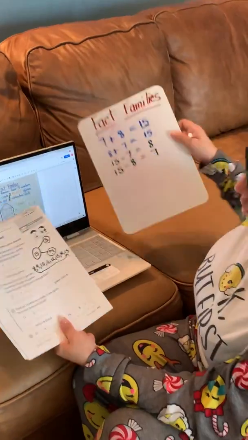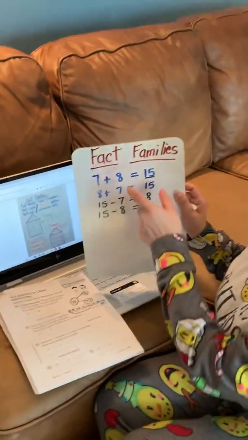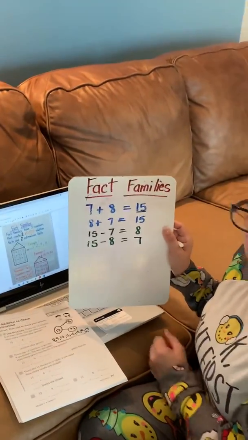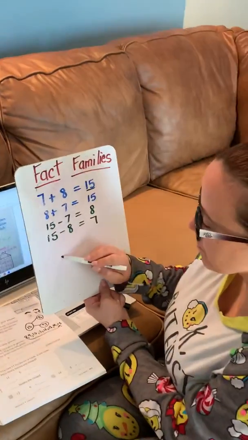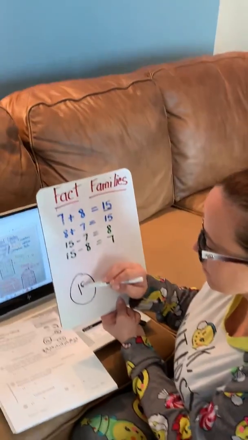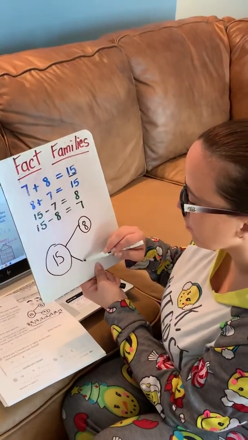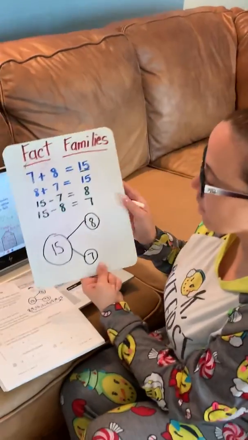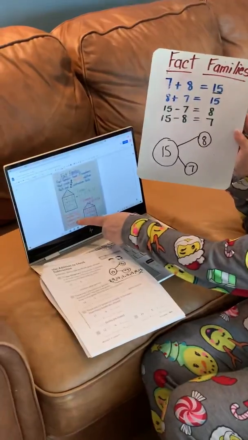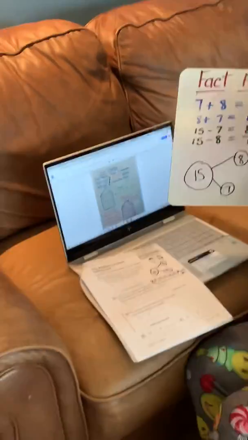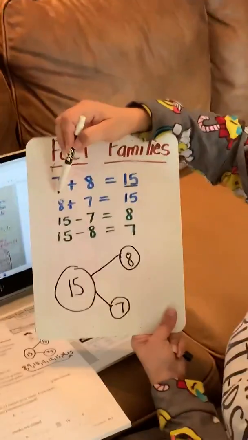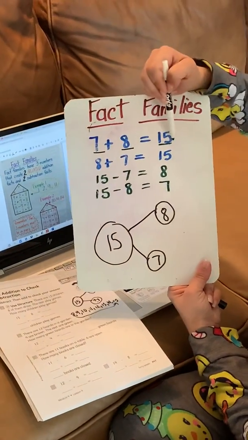So Mr. Matos created a fact family for these 3 numbers. Okay, so remember, my whole was 15, my 2 parts were 8 and 7. And now I remember from here that my 3 numbers must be in every fact. So here is my addition, 7 plus 8 equals 15.